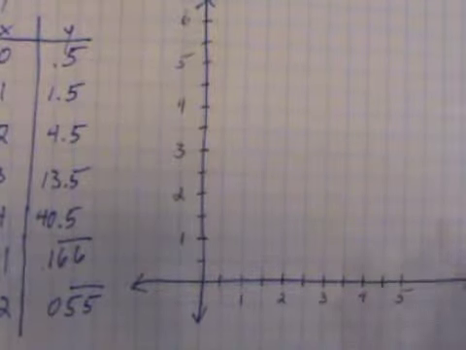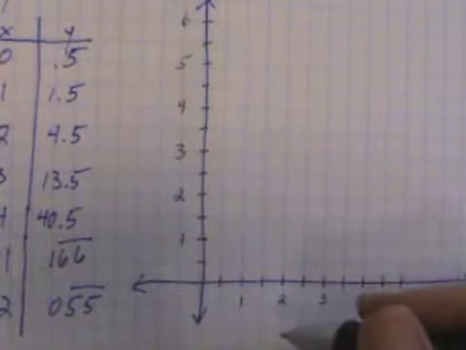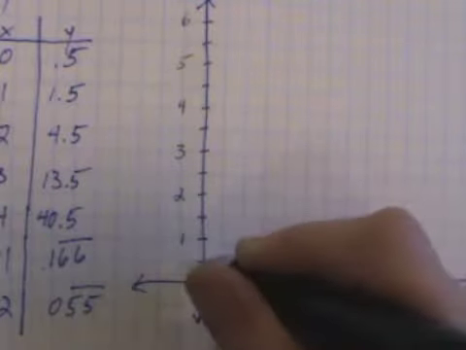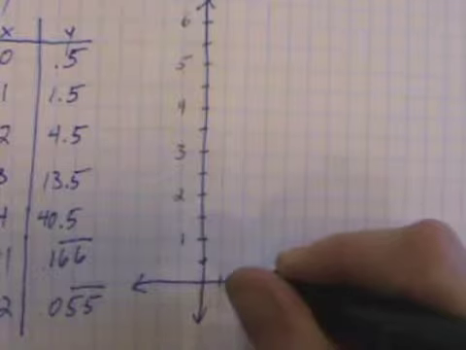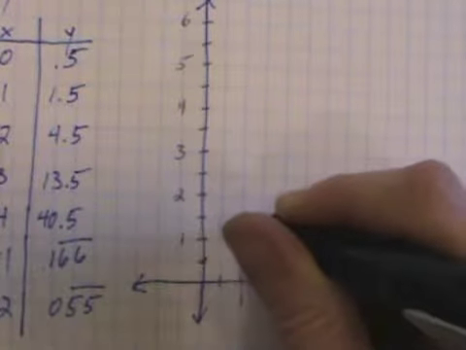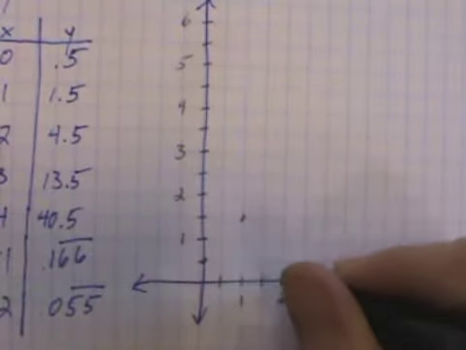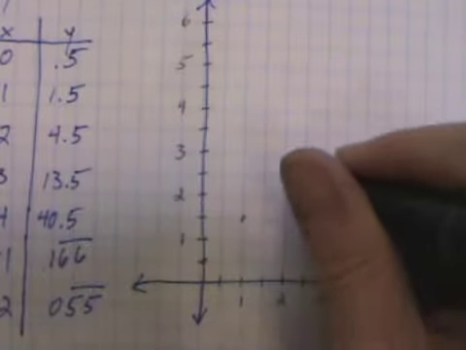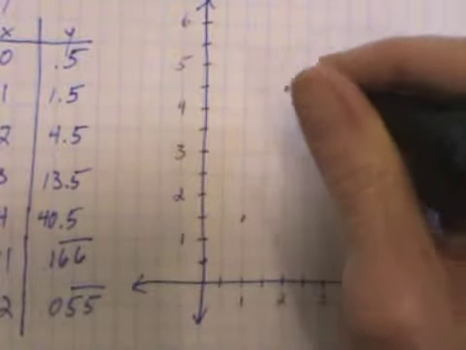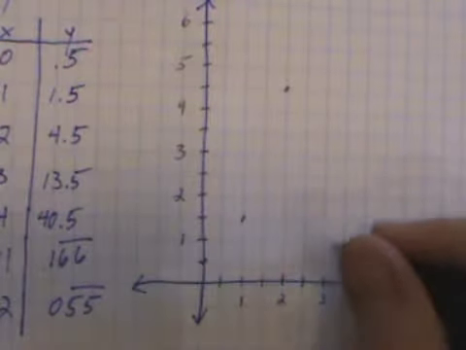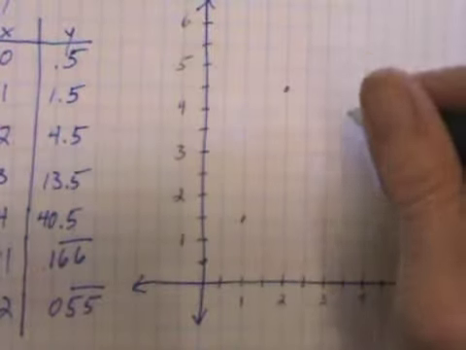And when we go to graph it, it's going to look a little bit like this. X0. Do you see how fast it gets a lot bigger? 3, and already at 3 I'm off my graph.